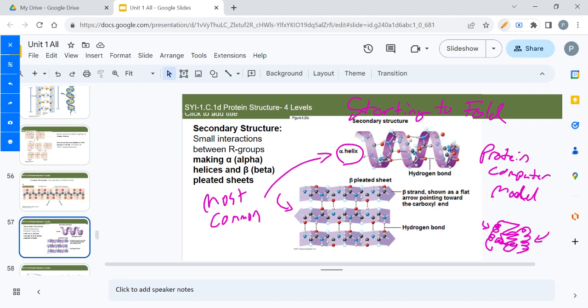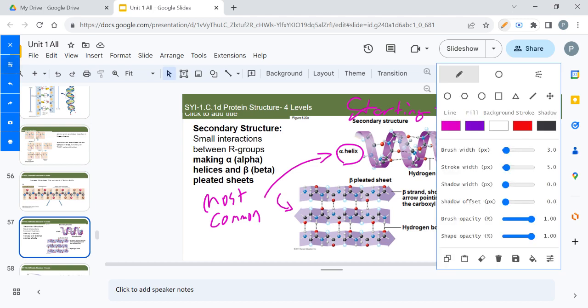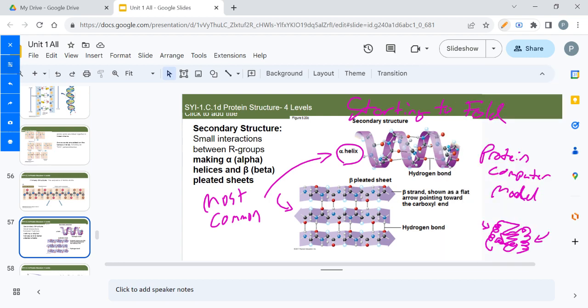So it's actually just how the protein is folding. And then if you see it going back and forth, almost like a swishy kind of thing, this swishy thing right here, that's going to be the beta pleated sheets. All they are is how the protein is going to fold, and it's just due to hydrogen bonds. They both are just hydrogen bonds.